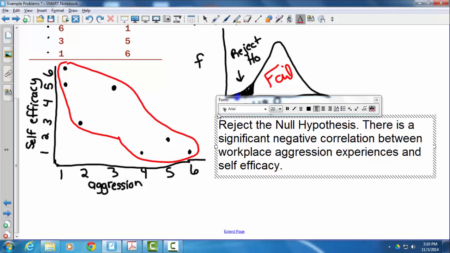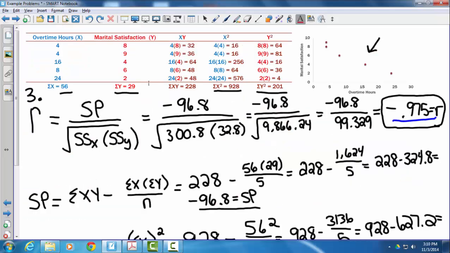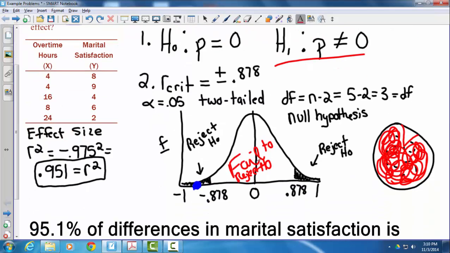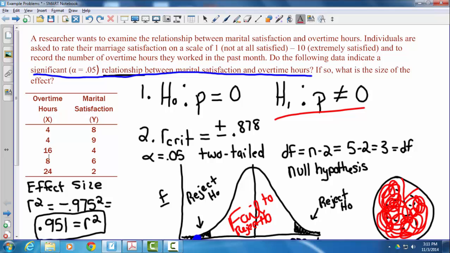Again, you could also say that results suggest that people who have more workplace psychological aggression tend to have significantly lower levels of self-efficacy. That would be a good plain English way to explain it, right? People who have more workplace aggression experiences tend to have less self-efficacy. And for this example, a plain English explanation would be that those who tend to work more overtime hours also tend to have less marital satisfaction.